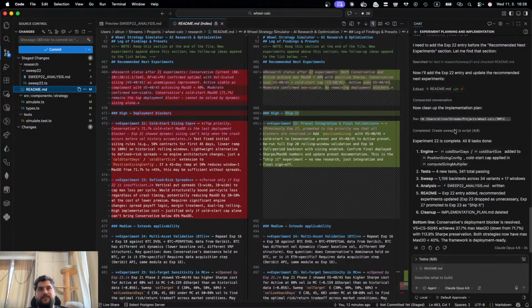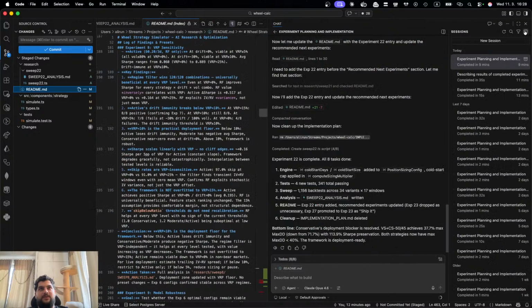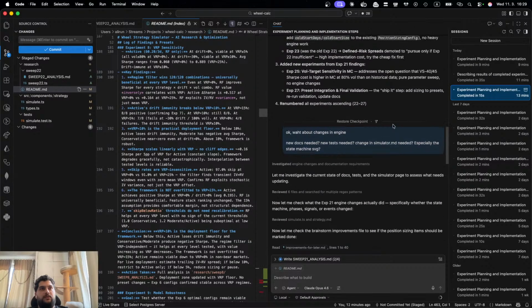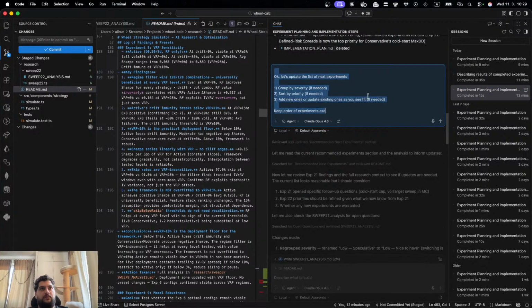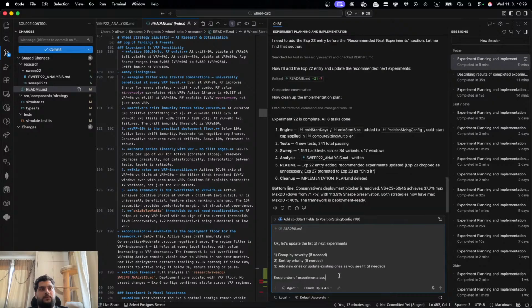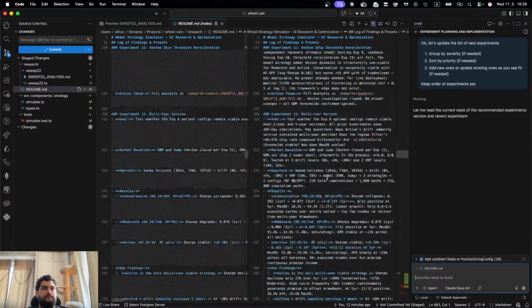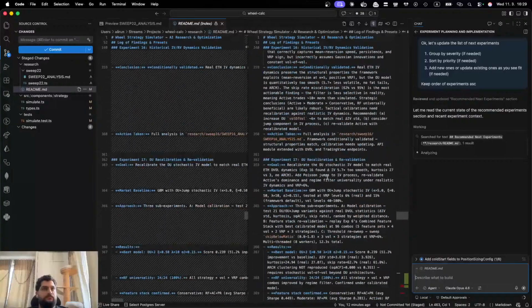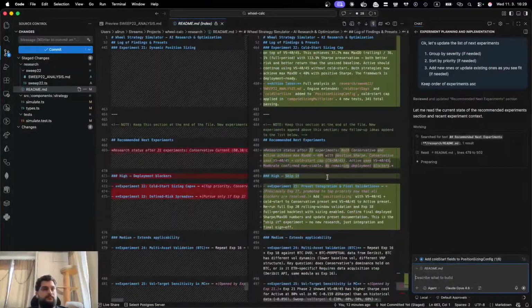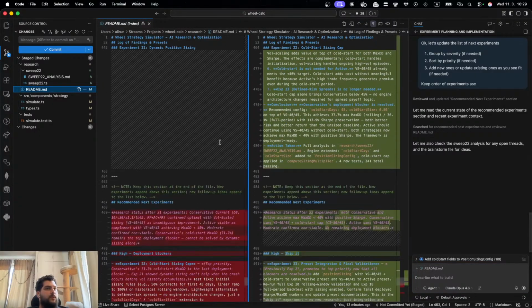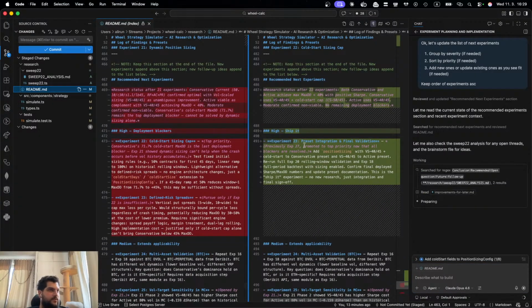It says that it dropped the experiment 23, but actually did not. Now, maybe it did actually. Yeah, it's a completely different one.